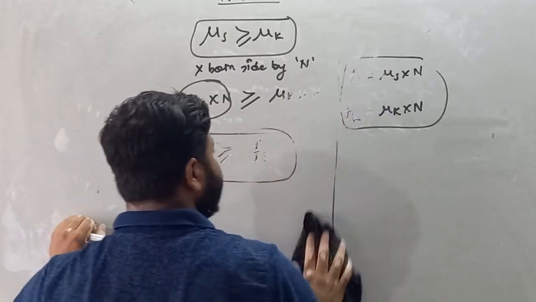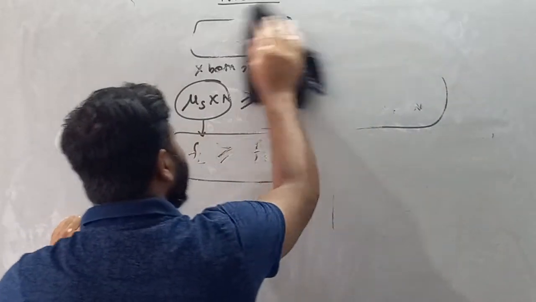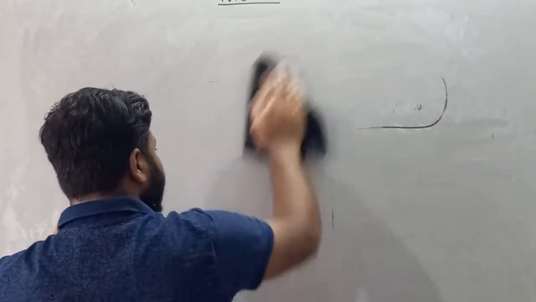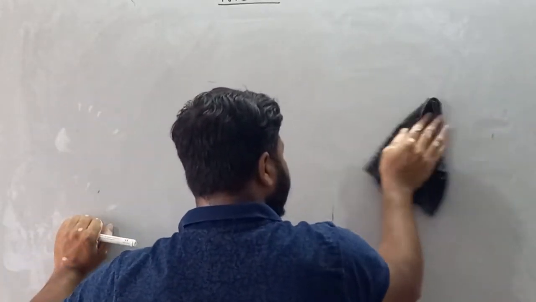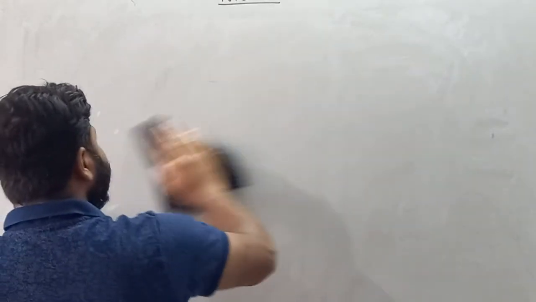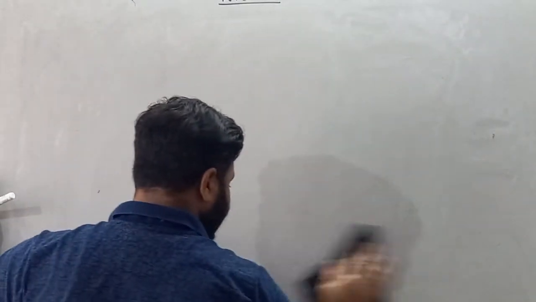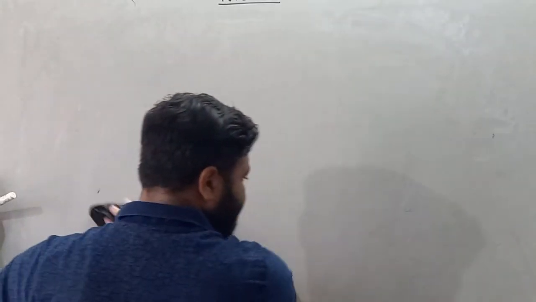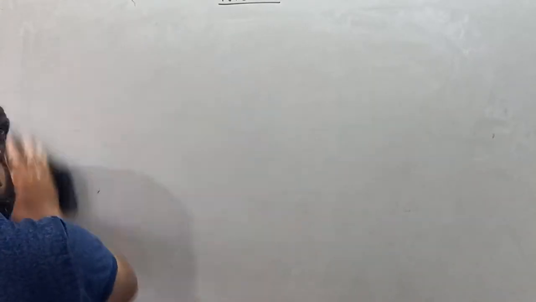So write down another heading: graph of friction versus applied force. Write down graph of friction versus applied force, and try to understand, my dear student, this graph is very important.